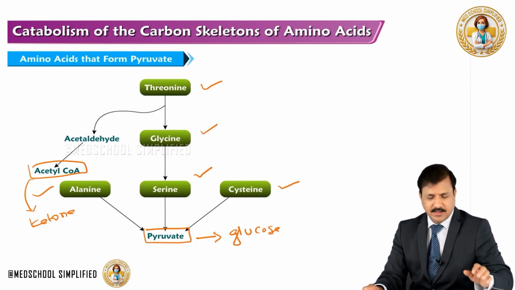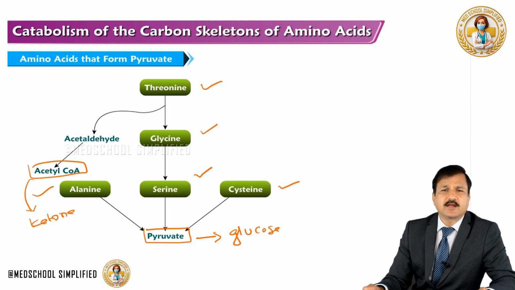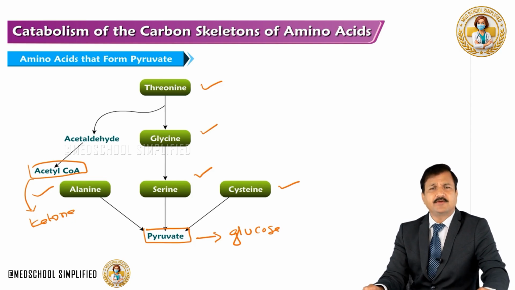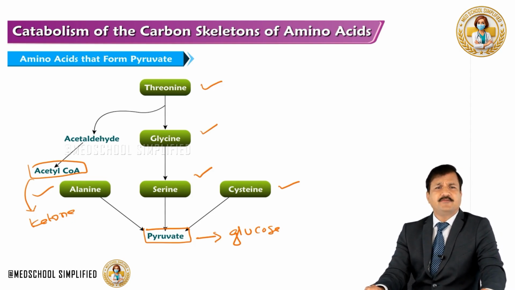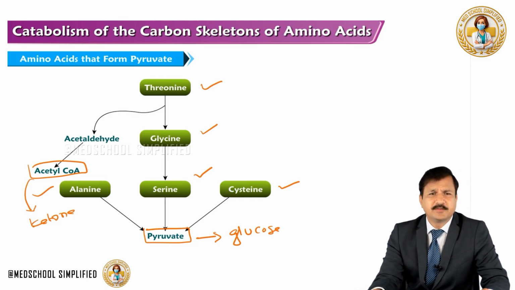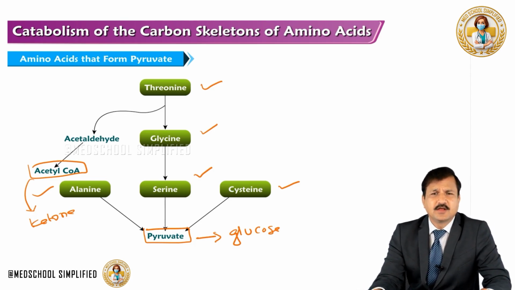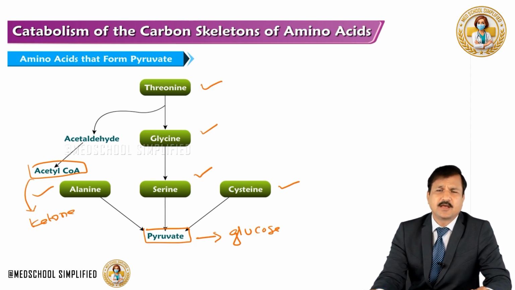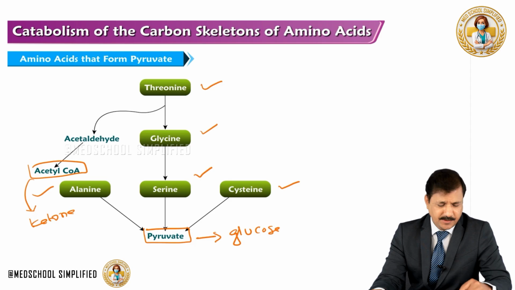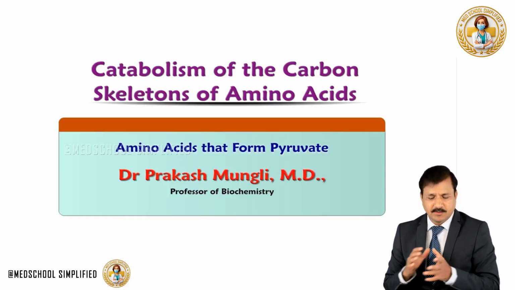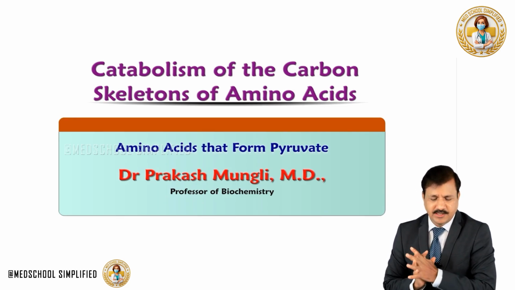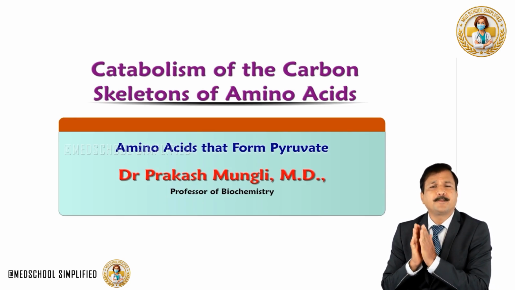So that's how all these amino acids will ultimately make pyruvate as the intermediate, and that pyruvate goes into glucose formation. The purpose of this lecture was to look at the catabolism of the carbon skeleton of amino acids that form pyruvate.